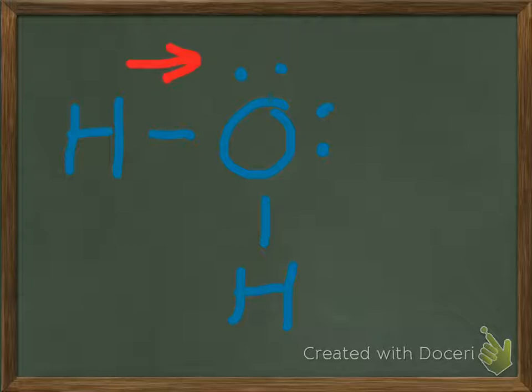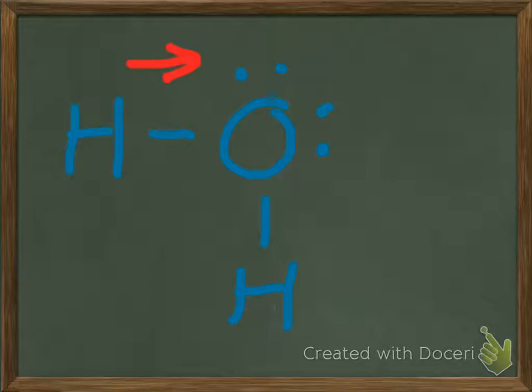They still orbit around hydrogen, but they spend more time around oxygen. They are still shared between the two, they still complete hydrogen's duet and oxygen's octet, but they spend more time around oxygen. As a result, we call that a polar bond.